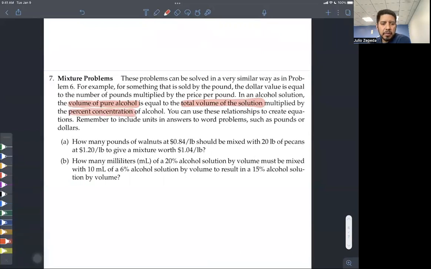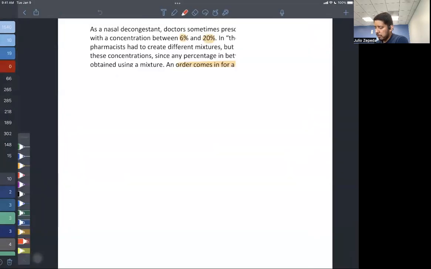This is talking about alcohol because that's what the problem here is talking about, but ours is talking about a saline solution. Notice that we're looking at the amount of pure substance, and then the total amount of the solution, multiplied by the percent concentration. So that's essentially what we're working with here.